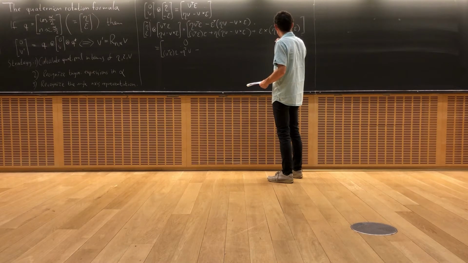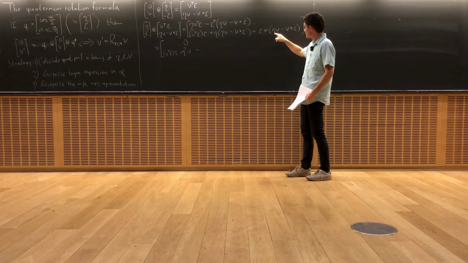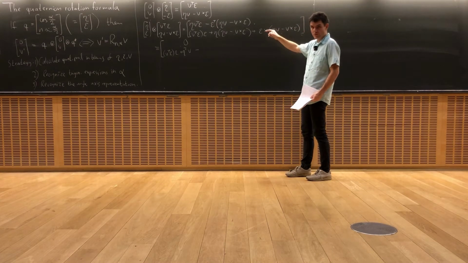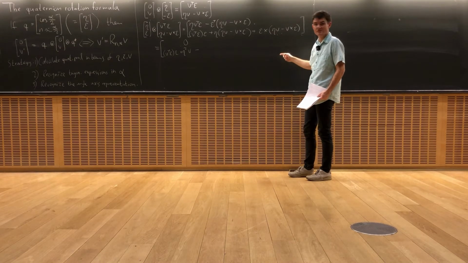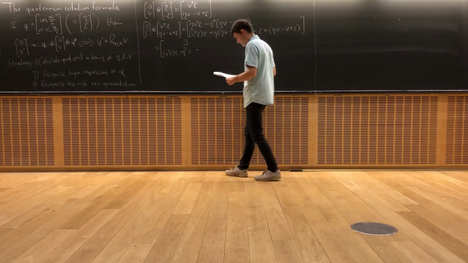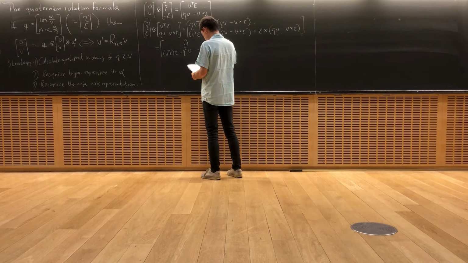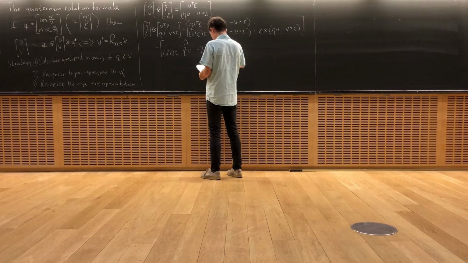Do I have that anywhere else? Yeah. Here I also have a cross product between epsilon and v. If I flip the order of epsilon v, it's going to be minus, so it means they're going to have the same sign. So I can write this as 2 eta epsilon cross v.